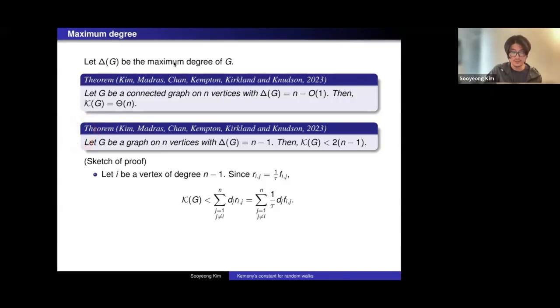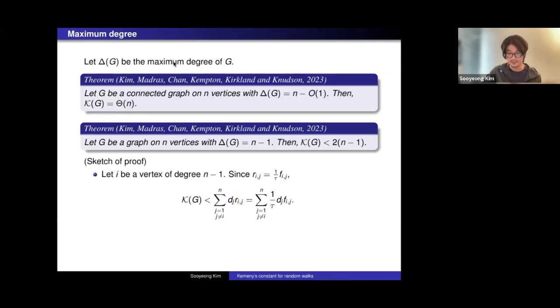So here, let's choose i as a vertex with maximum degree, which is n minus 1. Then we have seen this relation between resistance distance and the number of spanning two-forests. And we have seen this upper bound, 2 times n times the diameter of G. Here, this part can be written like this.